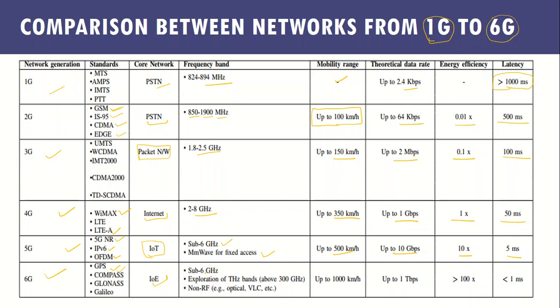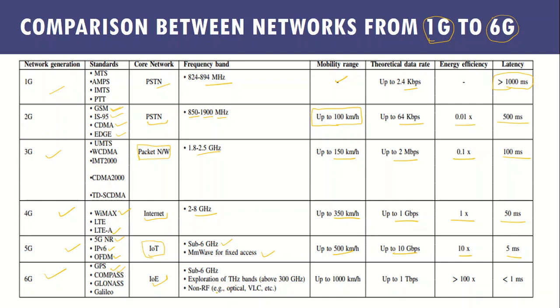In 6G the 5G spectrum, the sub-6 GHz spectrum, is also used, but the spectrum range is improved. The exploration of the terahertz band, above 300 GHz, is used.